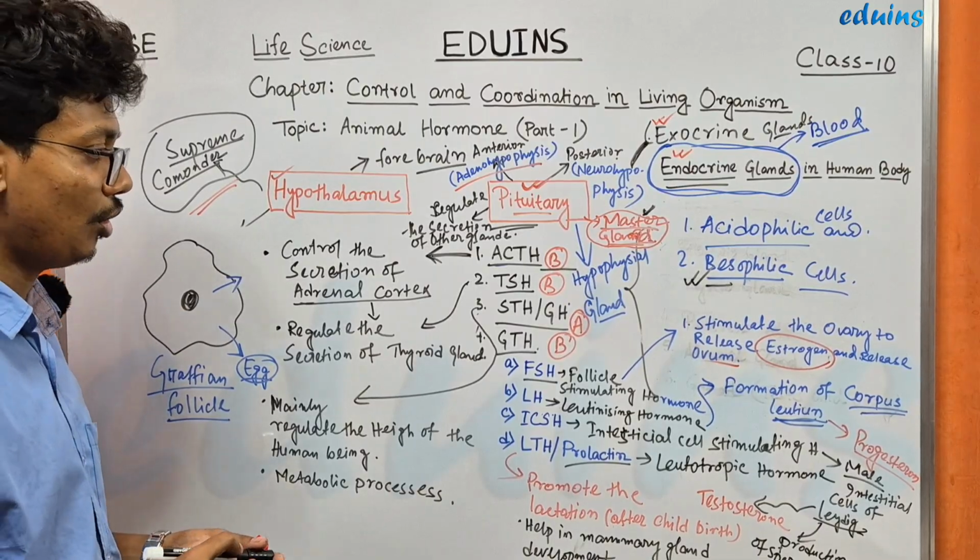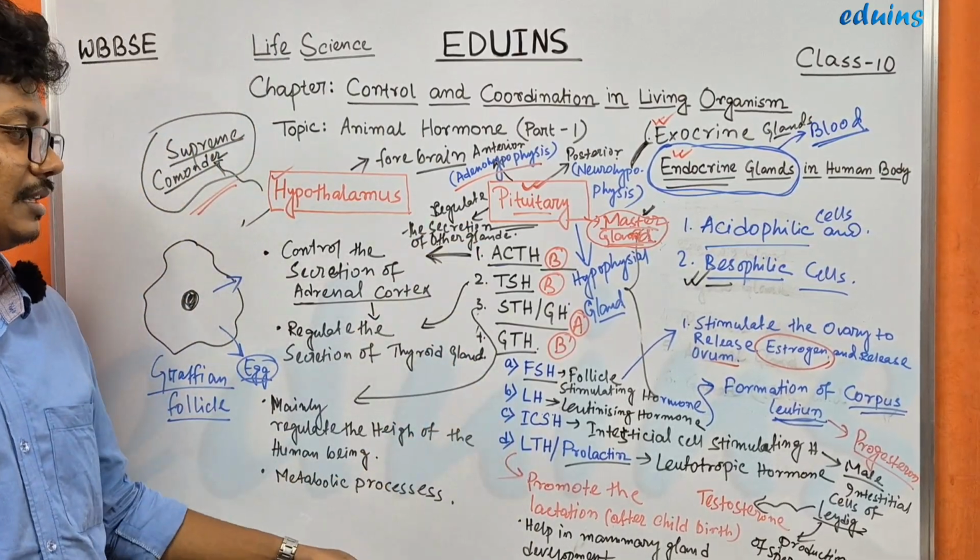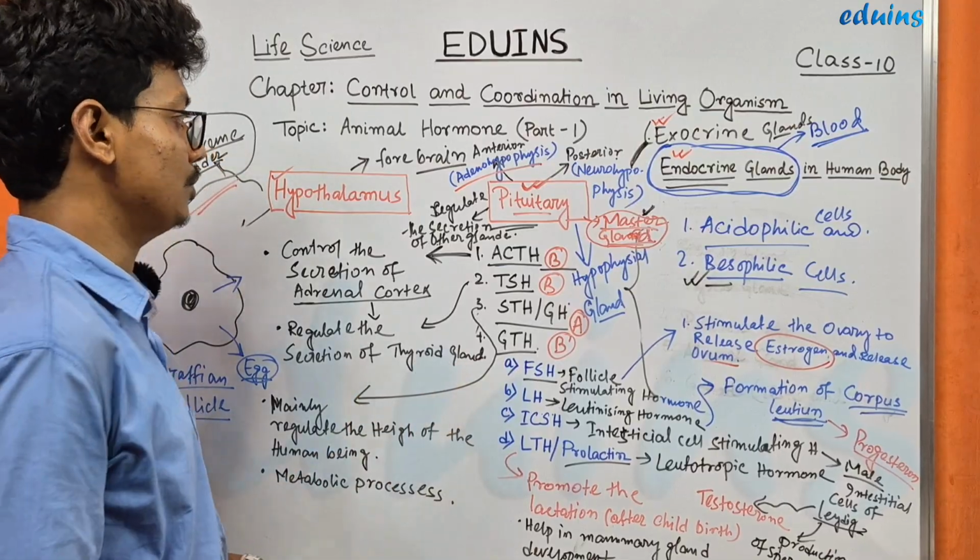So these are the hormones which are secreted from the anterior pituitary, and these are the functions of these hormones.